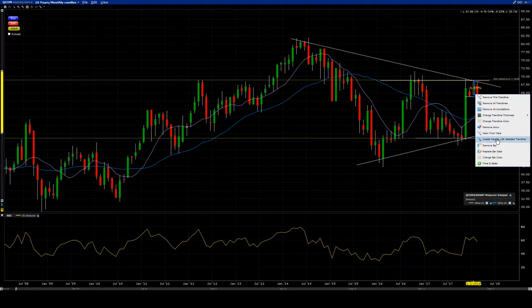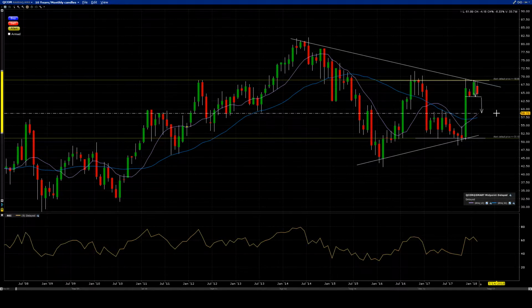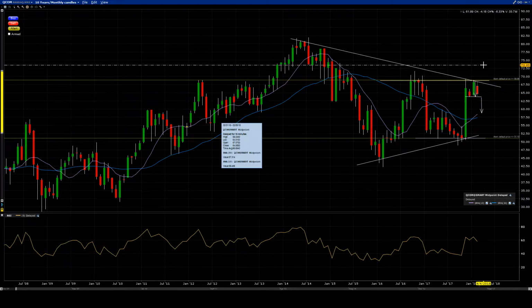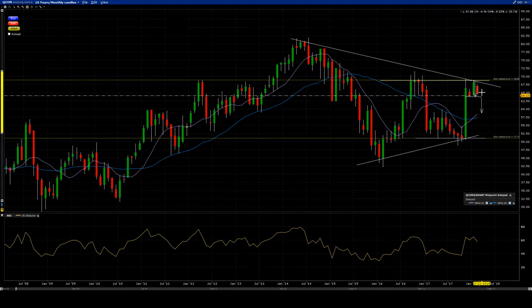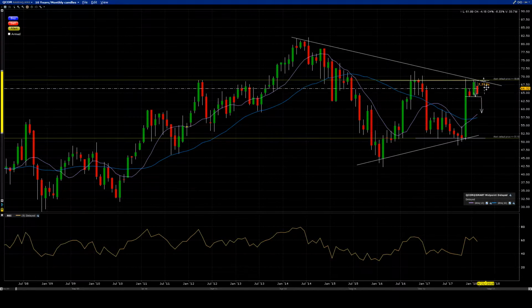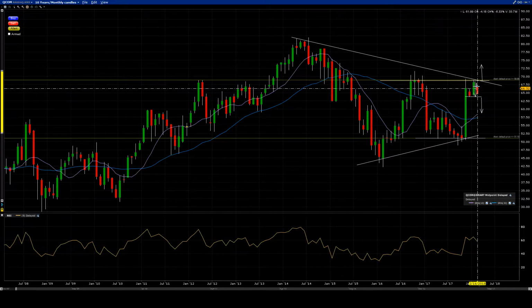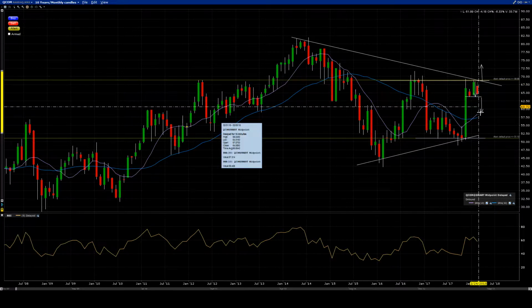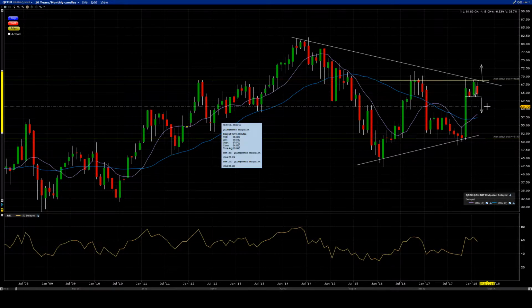And we could either break down from there and go down to the 58 level, or we go and test that upper trend line right here. Oh, the upper resistance right there. So these are the two possible moves right now for Qualcomm. The closer to target, I believe the more probable I am of reaching my target.